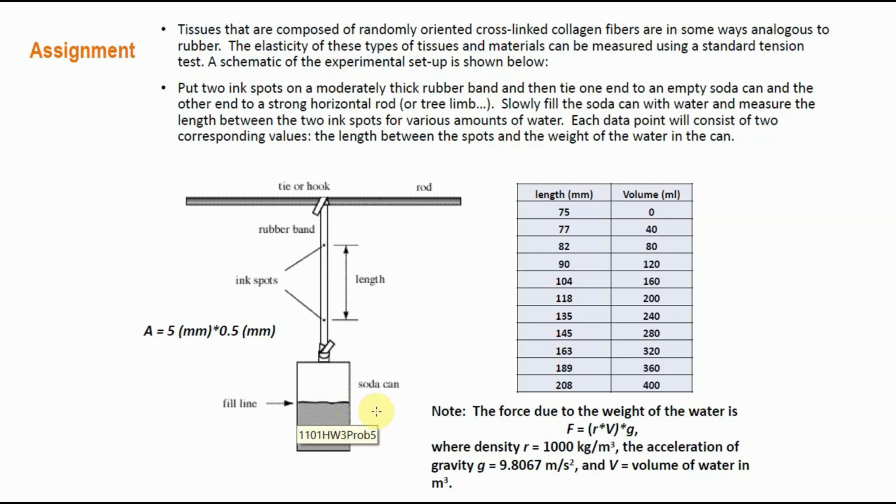As you fill more water, because of the weight, this is a rubber band, so the rubber band will be stretched. They measure the length depending on how much water they fill into this soda can. That's what this shows. This first column shows how much the rubber band is expanded depending on how much volume of water they put into this soda can. That's what this shows.